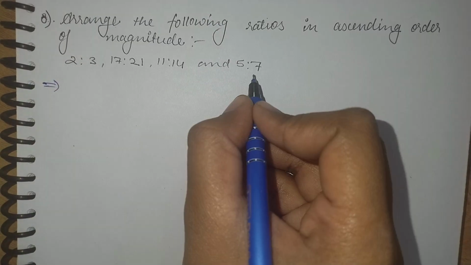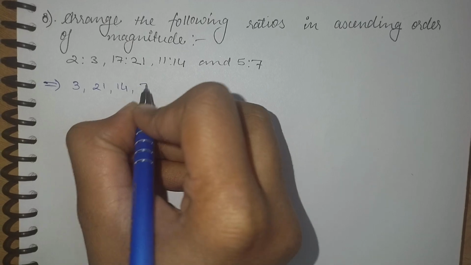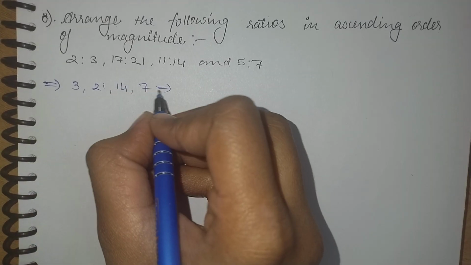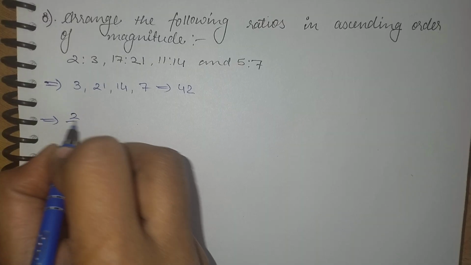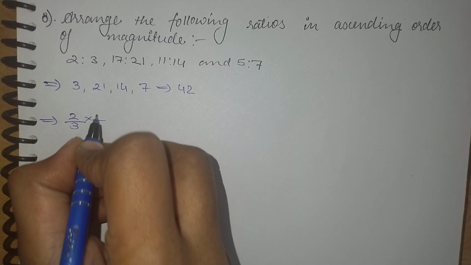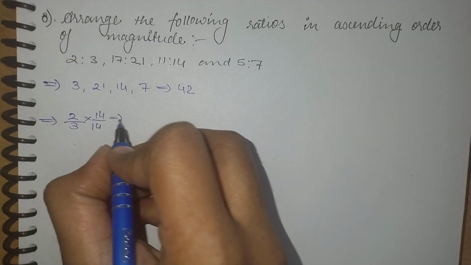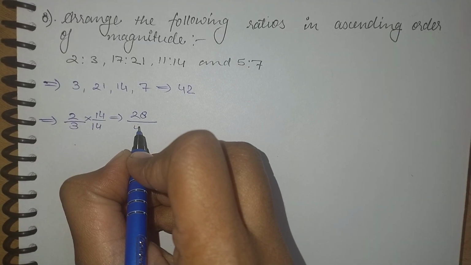We know if we take the LCM of 3, 21, 14, 7, the LCM will become 42. Making it equivalent with the LCM, 2 by 3 is multiplied by 14 on both top and bottom. So it will become 28 by 42 here.